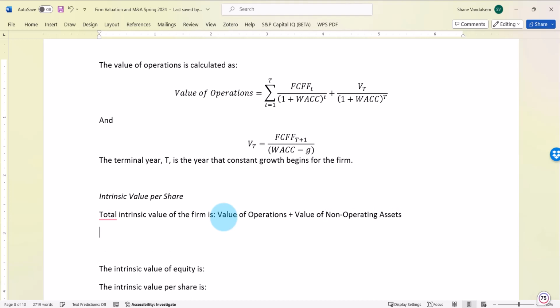Non-operating assets are assets that are owned by the firm but not used in day-to-day operations. These often include short-term investments, marketable securities, and long-term investments.